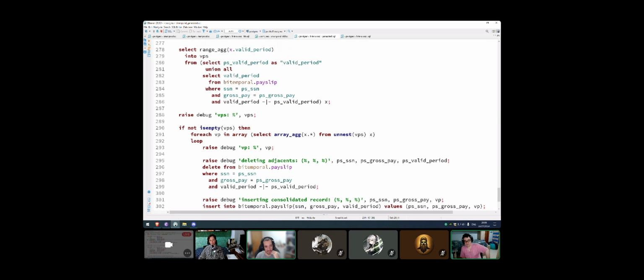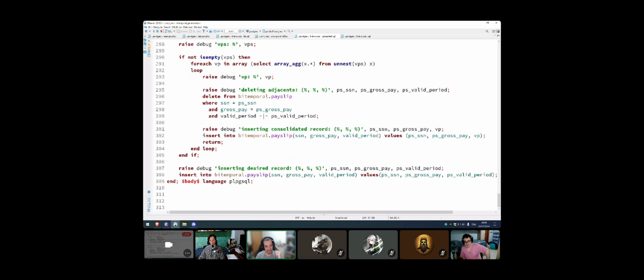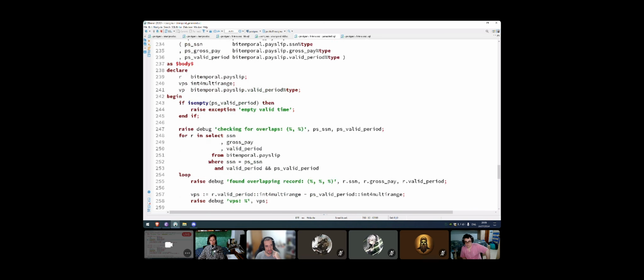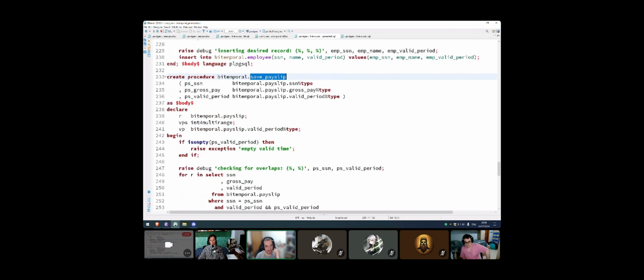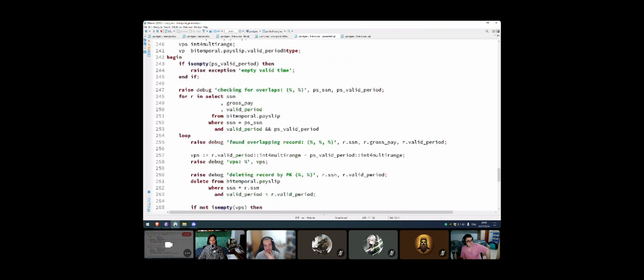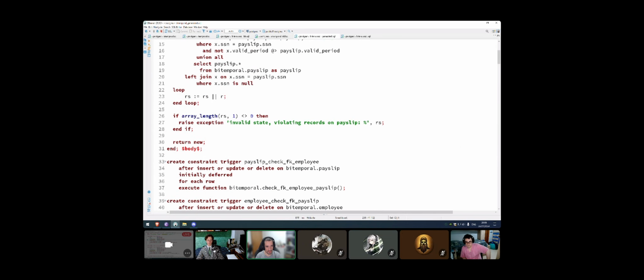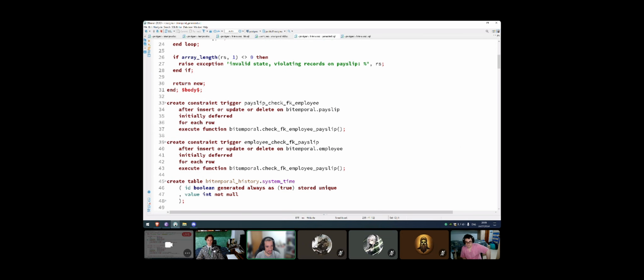And this is all the checking I came up with to save a row, keeping a valid state. There's a lot going on here, and more stuff outside here too, like some initially deferred constraints, which are crazy.